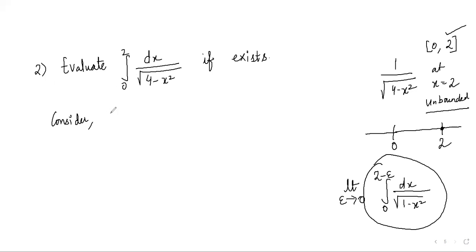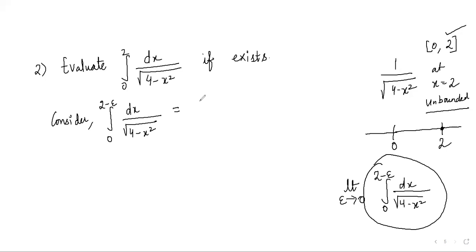Now let us consider this integral from 0 to 2 minus epsilon, dx divided by under root 4 minus x square. It's a very easy integral, direct formula we will be using here.